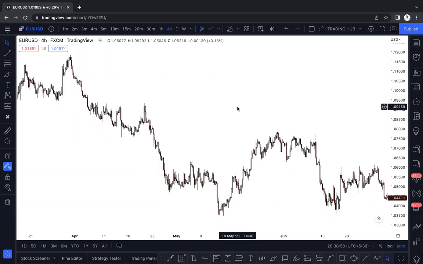I suggest that in the beginning you use 1 hour, then after some time you can switch to the 15 minute as a major structure. You can also watch the 4 hour and 1 hour for higher time frame perspective. But as a medium time frame, as a day trader, you have to mark 15-minute structure.